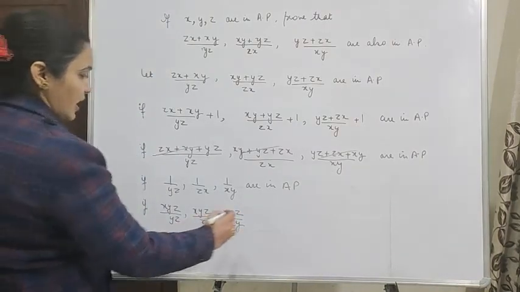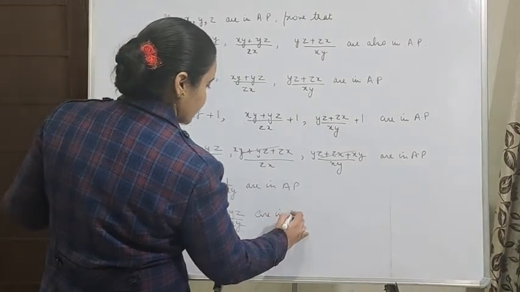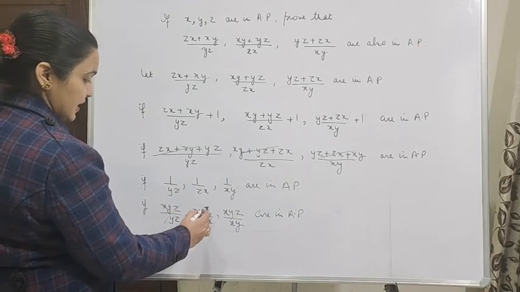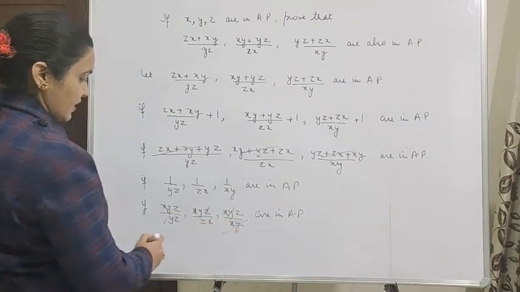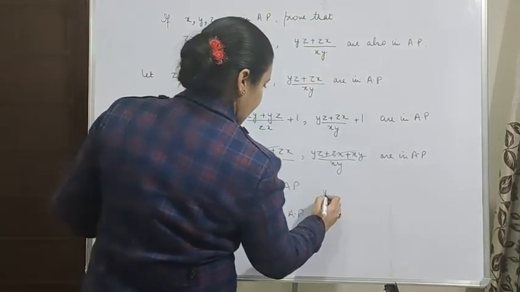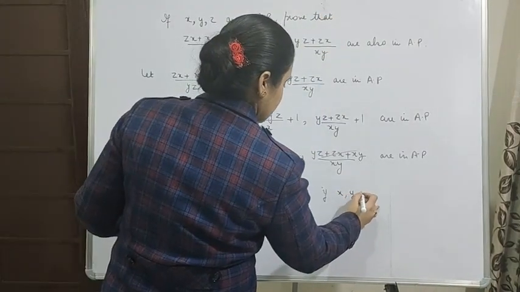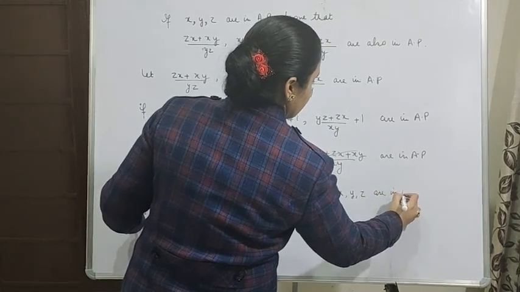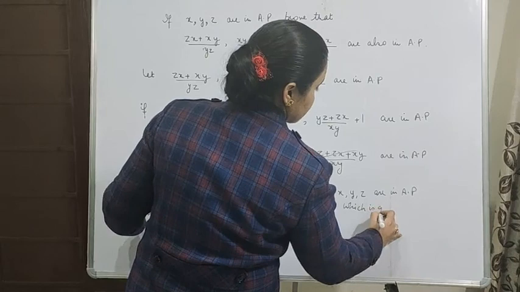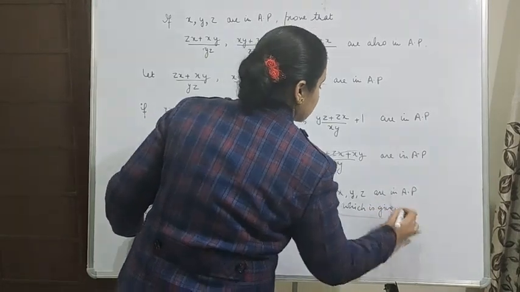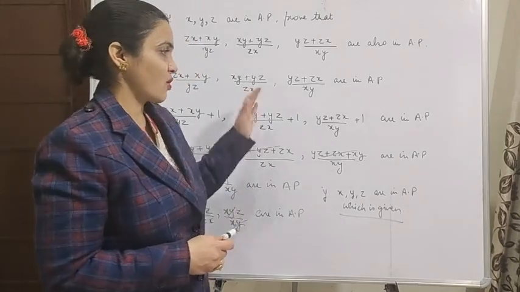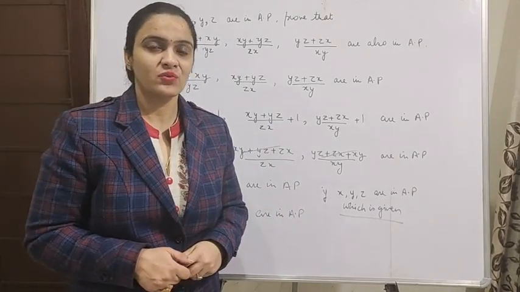So what we get: this cancels and this cancels. So x, y, z are in AP, which is given to us. So this is what we have to prove. So students, this is all about today's lecture. So thank you for watching the video.